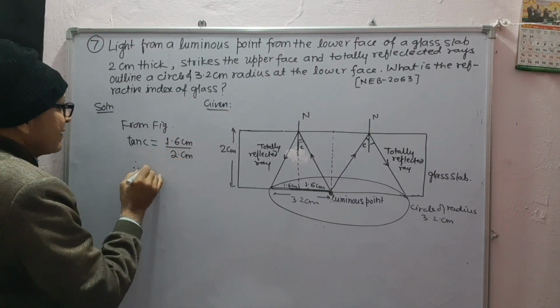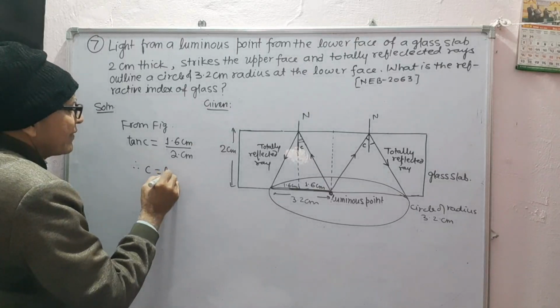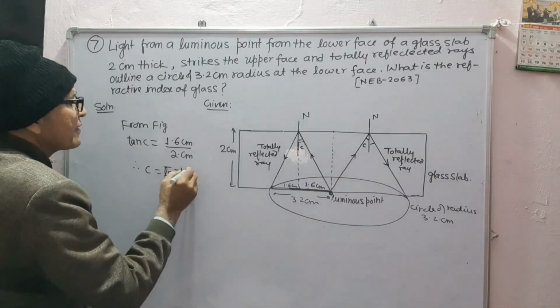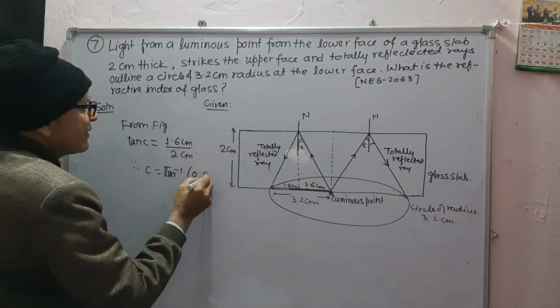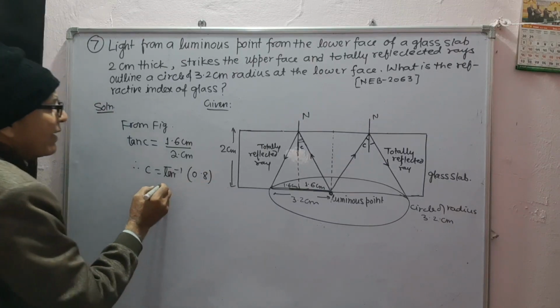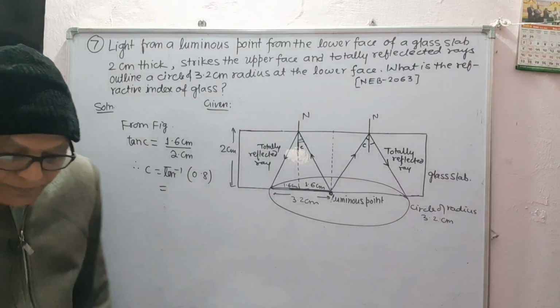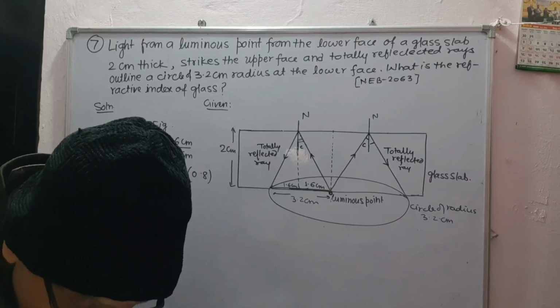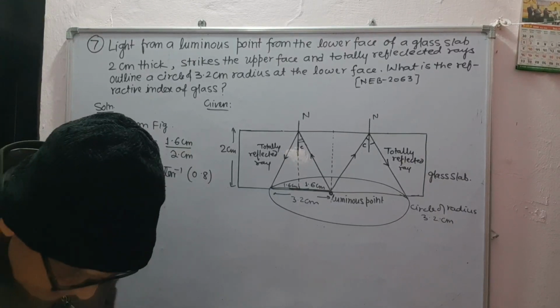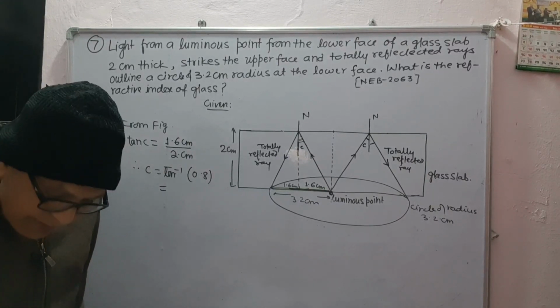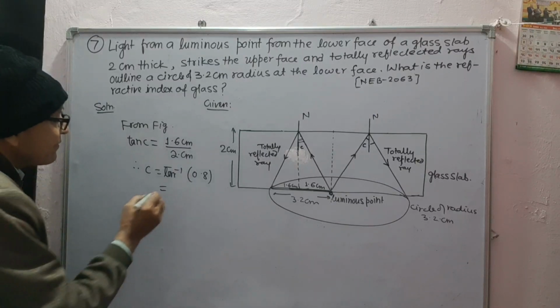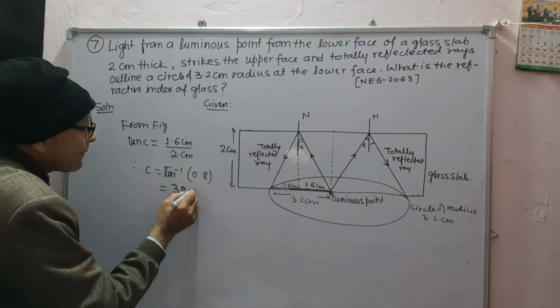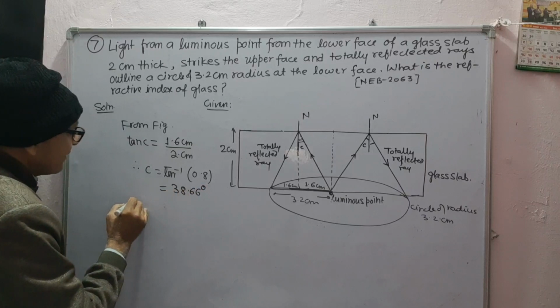So, C will be equal to tan inverse 0.8, which is equal to 38.66 degree.